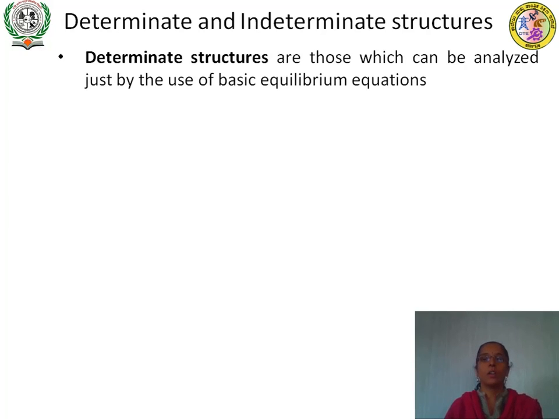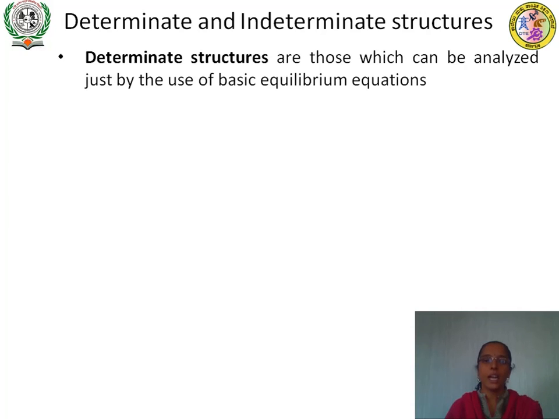Okay. So that means if a structure has some unknown reactive components wherein those reactions can be found just by the application of equilibrium conditions, then that type of structures are called determinate structures. Okay. So we know that for a two-dimensional structure we have three equilibrium conditions, that is sigma Fx equals 0, sigma Fy equals 0 and sigma M equals 0.